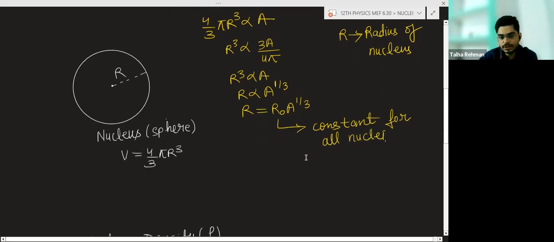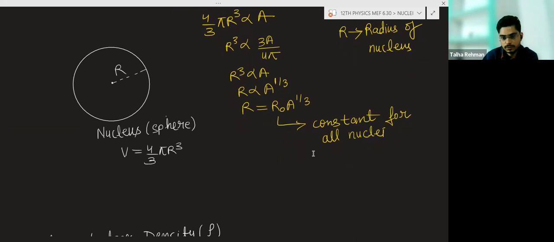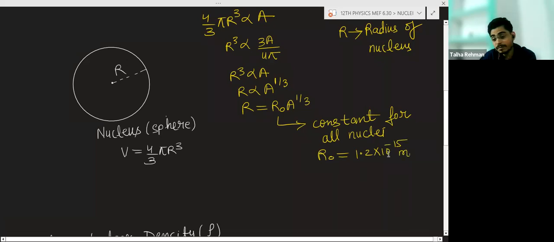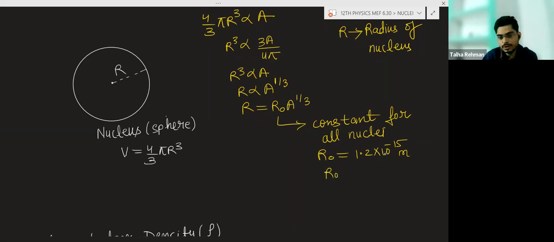And the value of this R naught is equal to 1.2 into 10 to the power minus 15 meter. And 10 to the power minus 15 meter is 1 Fermi. So R naught you can say is 1.2 Fermi.